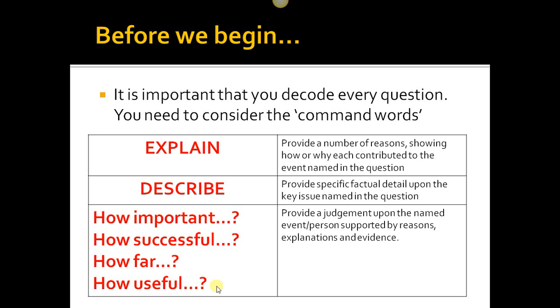When we reach question 3 later, you will see how in these history exam papers we are looking for you to give an evaluation and your own judgment, for you to say yes, it was very important, or no, it was not important at all, such as how important was the Great Leap Forward.